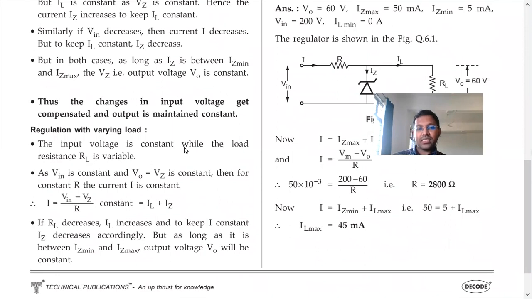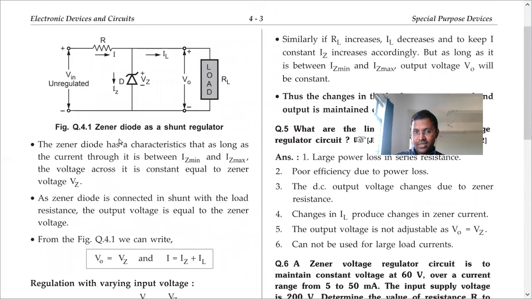As input voltage is constant while the load RL is variable, Vin is constant. V naught is Vz, constant, property of Zener diode. Then for constant R, I is constant. Vin constant, this voltage constant means I is also constant. What will I be here?